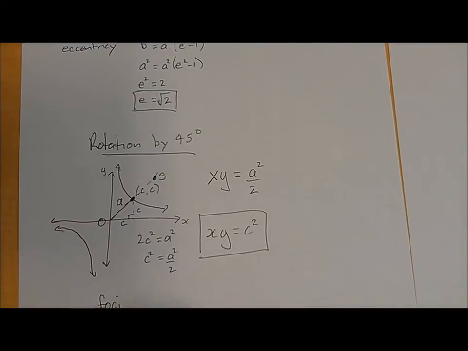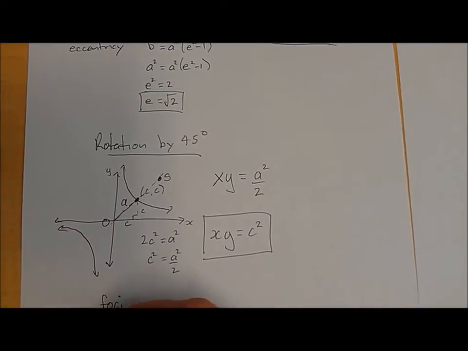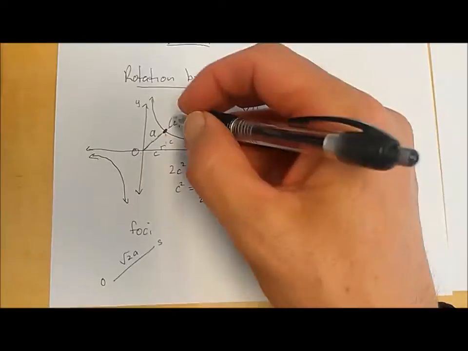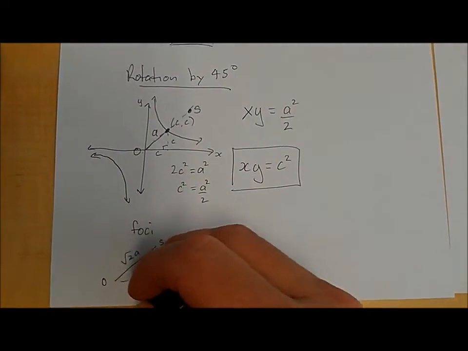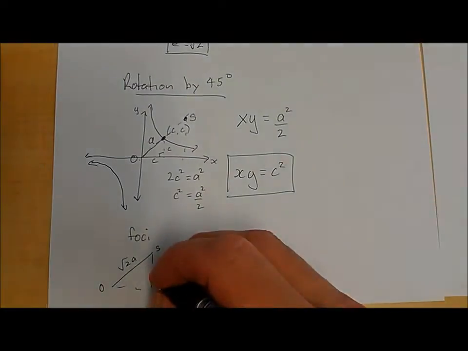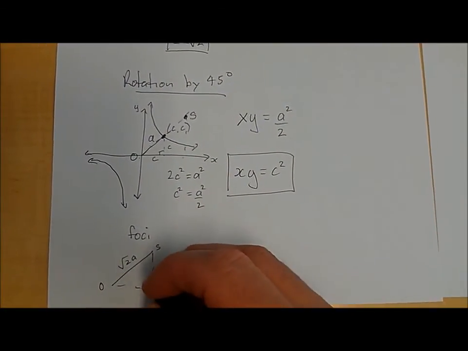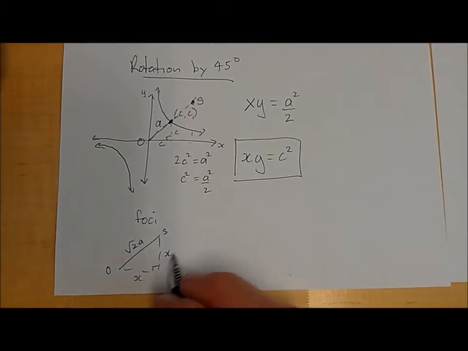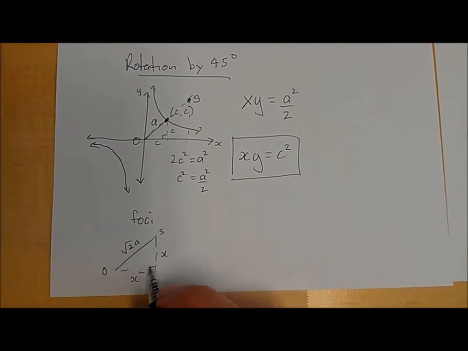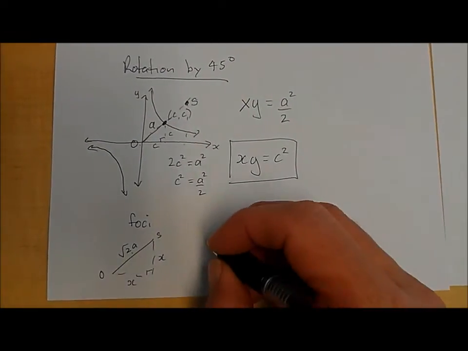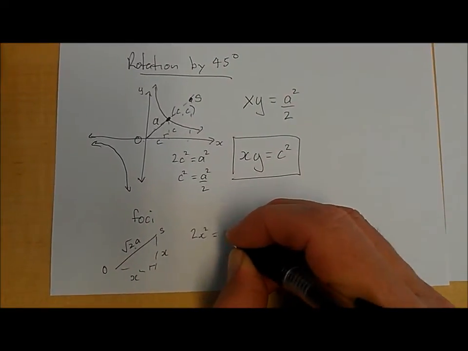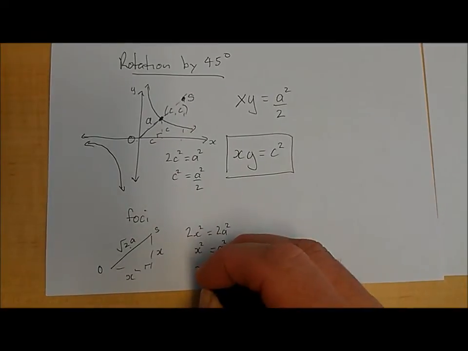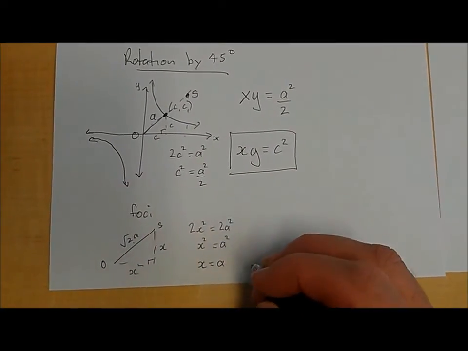I've got O and I've got S, and I've said that's root 2a. I'll make that a right angled triangle to match what would happen over here, and I'll just call the two sides x. Again, Pythagoras' theorem, x squared plus x squared is equal to that squared, so 2x squared is equal to 2a squared. x squared is equal to a squared, in other words, x is equal to a.